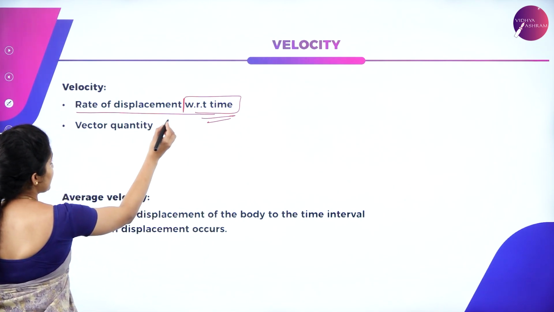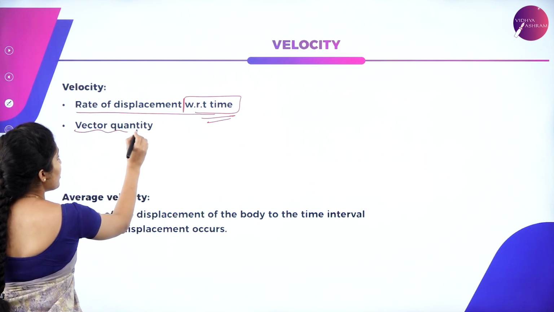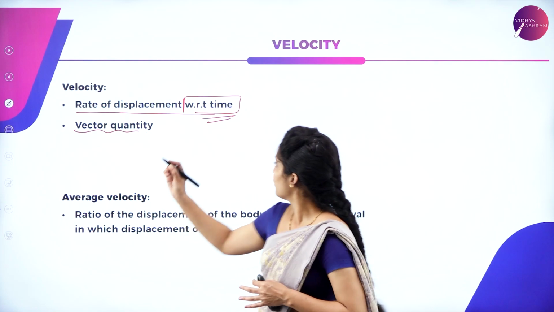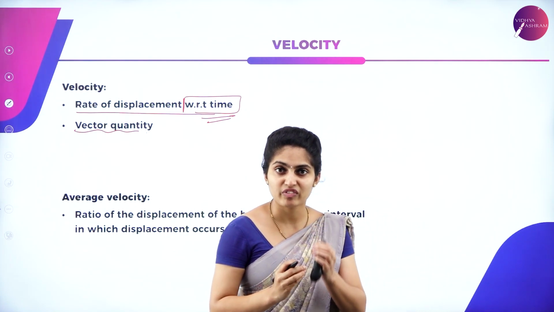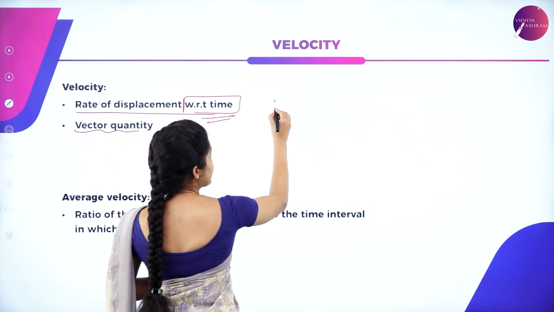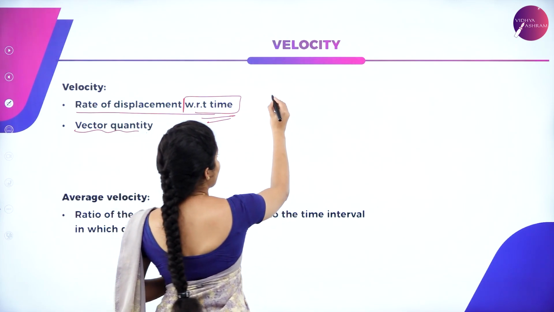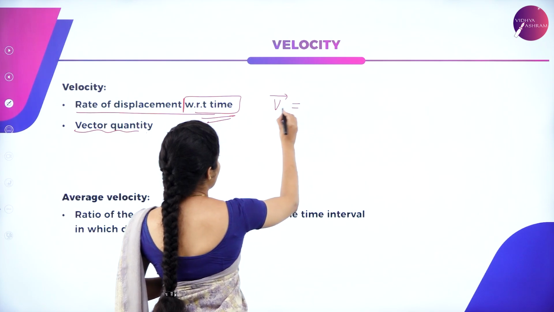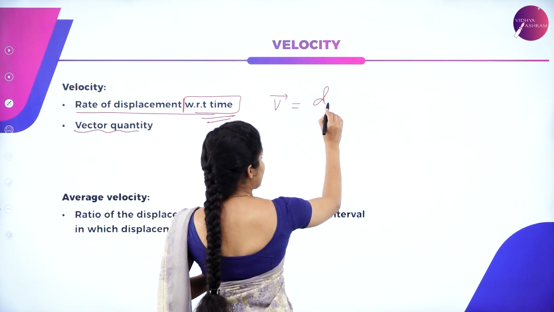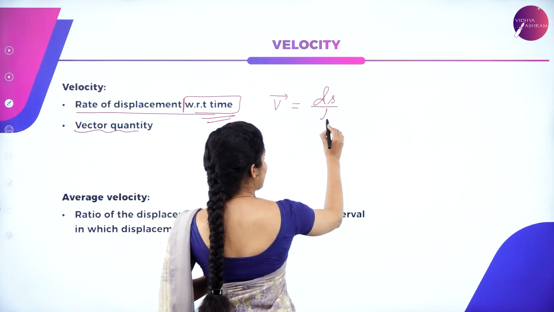Velocity, with respect to time, is a vector quantity. The rate of displacement with respect to time is said to be velocity, and it is a vector quantity. Velocity is given as v, a vector quantity, which is equal to the rate of displacement. We have displacement, that is the change in position with respect to time.